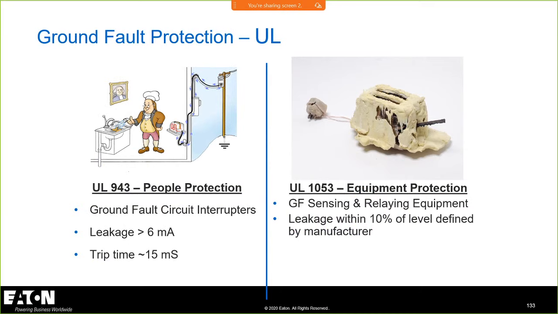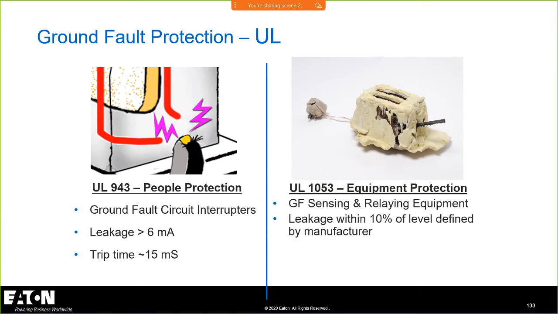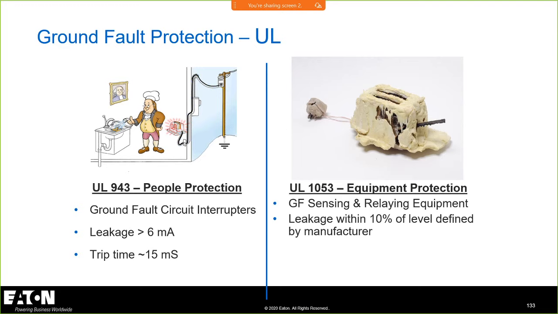We had people protection in there and equipment level protection in there. So there's so many different things that we can do to help us with the understanding and providing value from a molded case circuit breaker perspective.